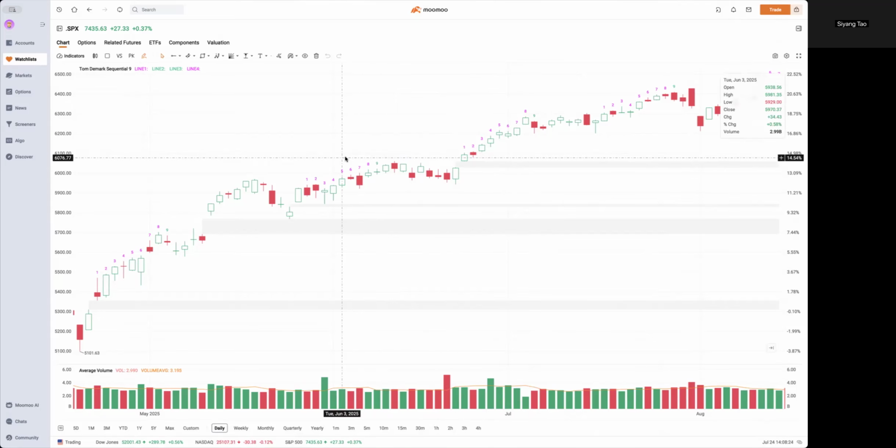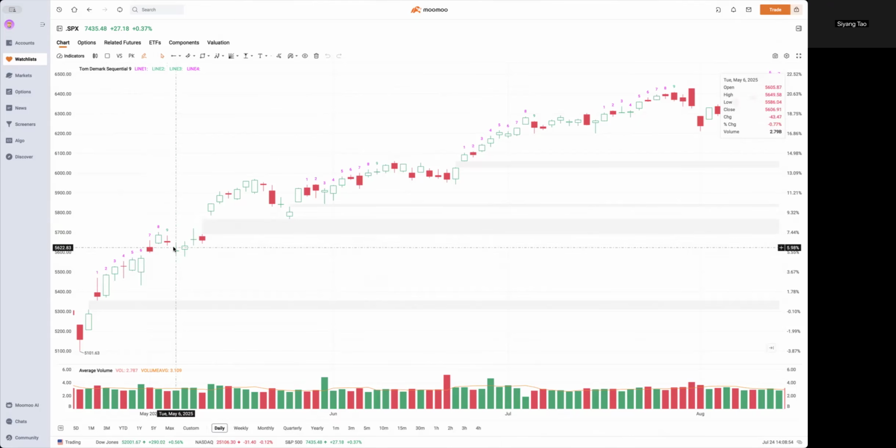In each of these 4 rallies, the moment the strict 9 count is completed, the prevailing momentum stalls, and the price pushes back. For example, after we count to 9, each of them has a closing price higher than 4 days back. For example, this day's closing price is here and higher than the closing price 4 days ago.